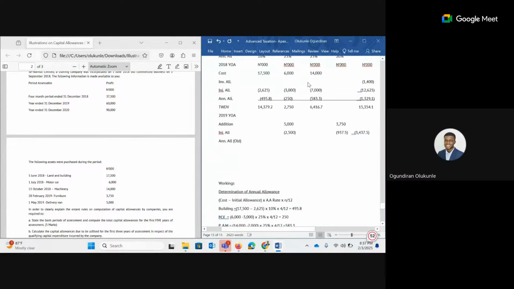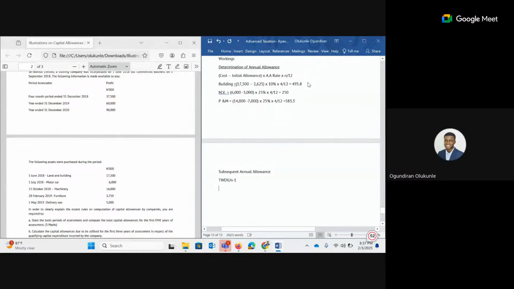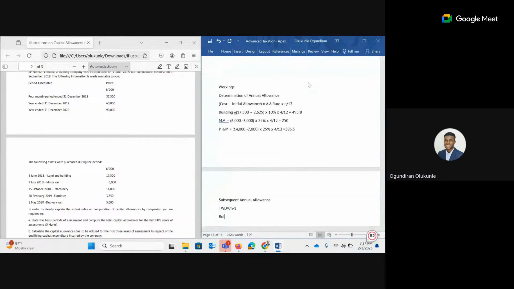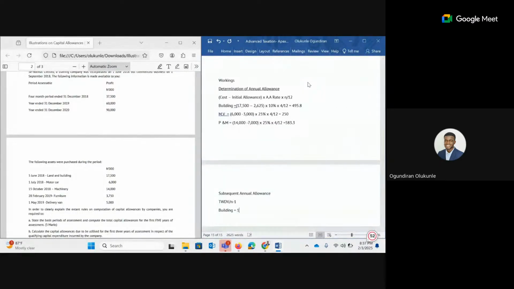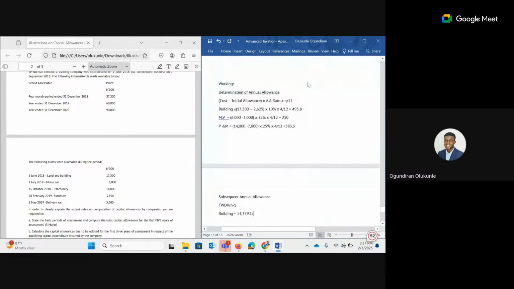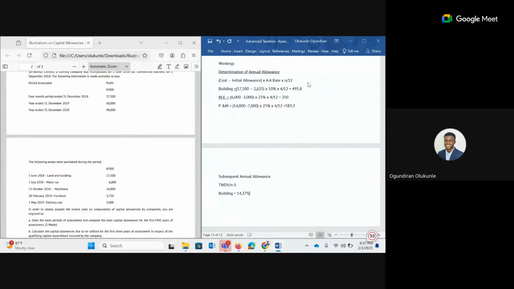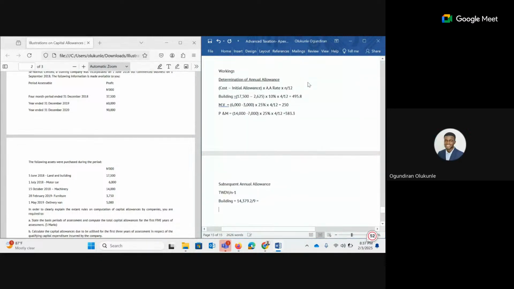So if that's the case, for the first year, for building, your tax written down value is what? 14,379.1.2, divided by 9, right? Yes. Then for the next one, we have motor vehicle.